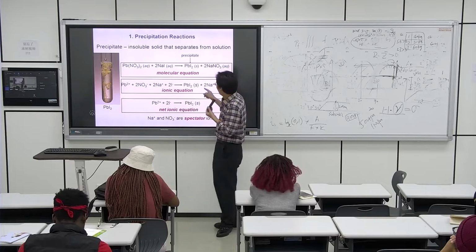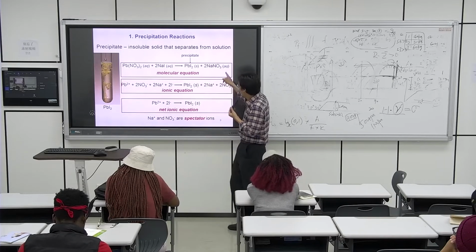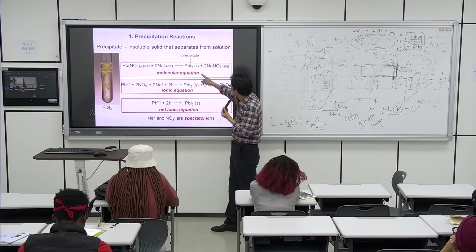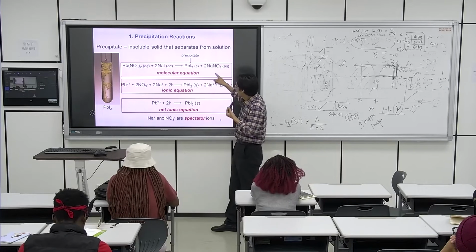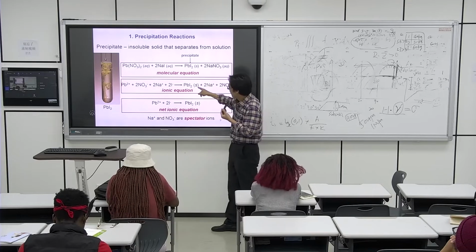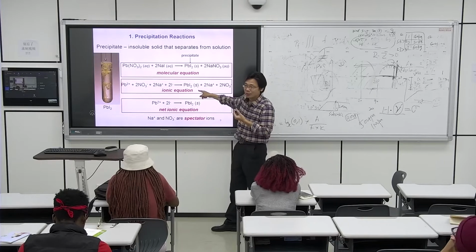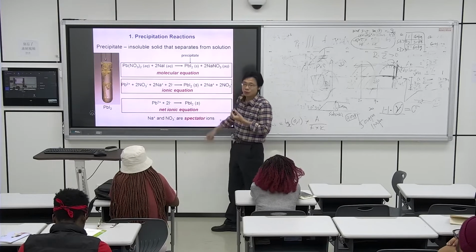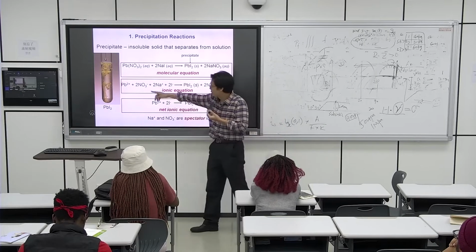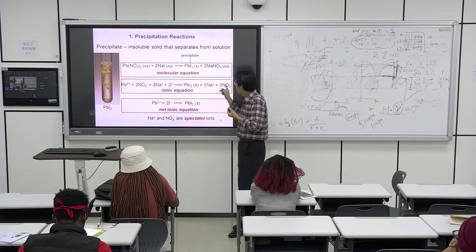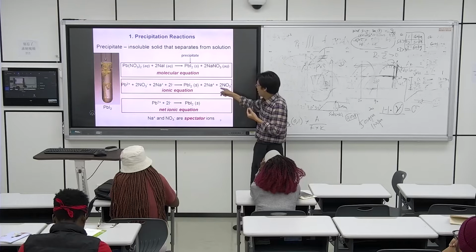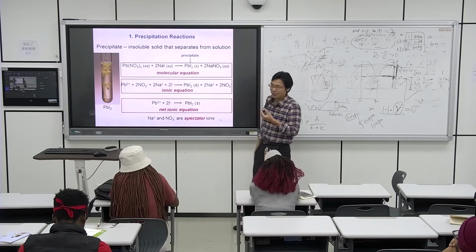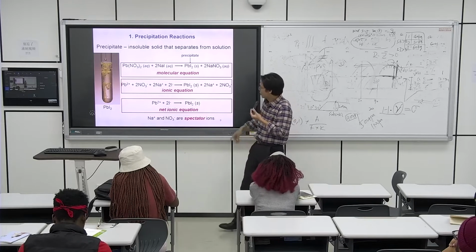For the products, you can see the first one is solid, PbI2, but the other two substances are ions.